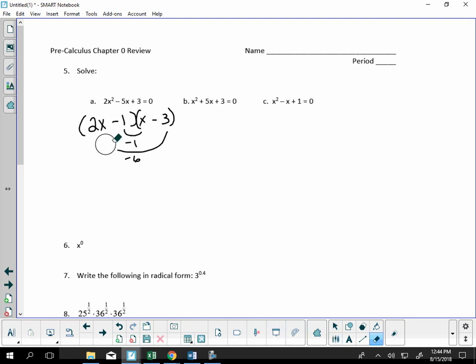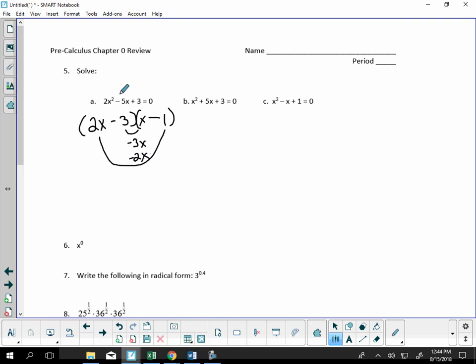So let's try switching those around. Three there, 1 there. Check that, and that gives me negative 3x. I don't think I wrote my x's down last time. That gives me negative 2x.